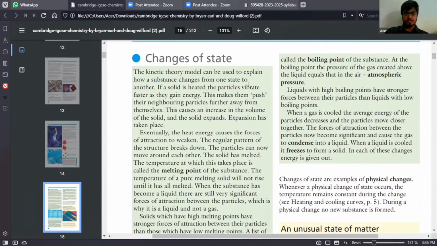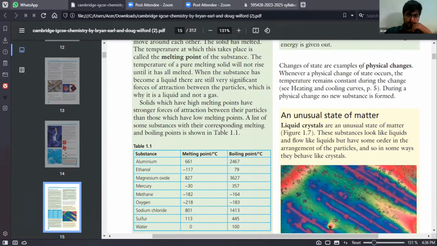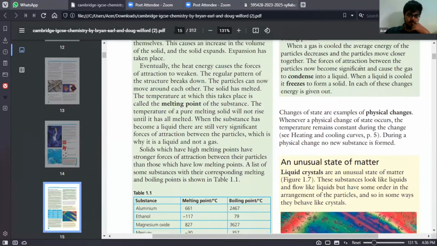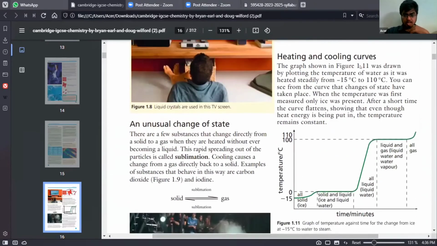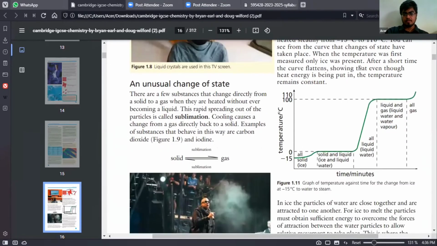Okay, moving forward, changes of state. So let's see. First of all, let me find that. Yeah, this is what I was finding, the most important graph.